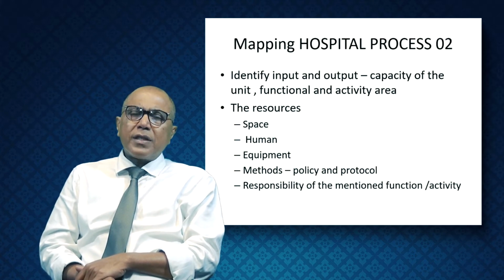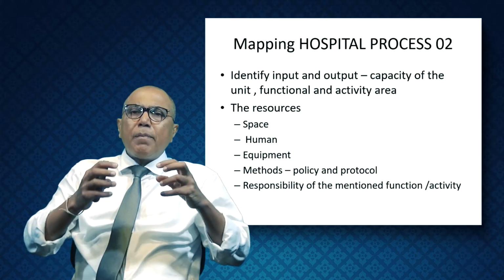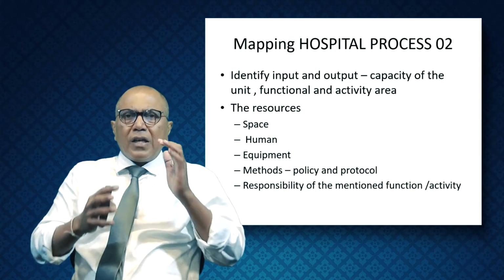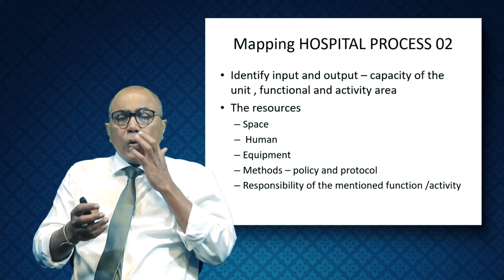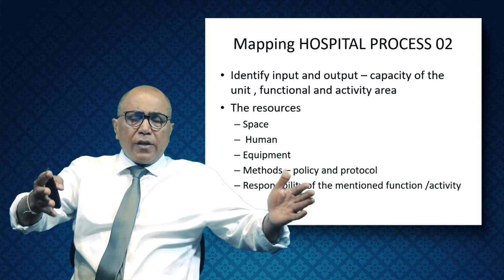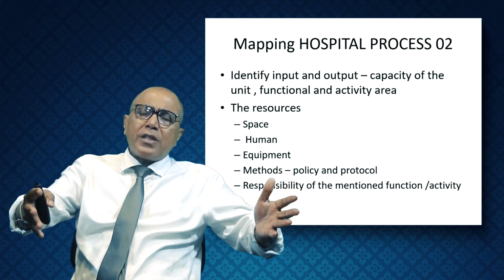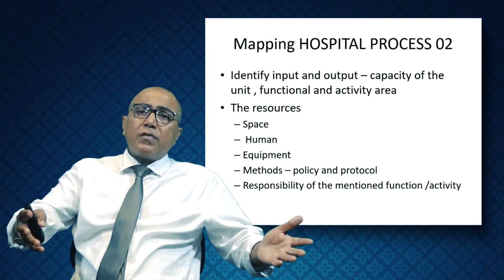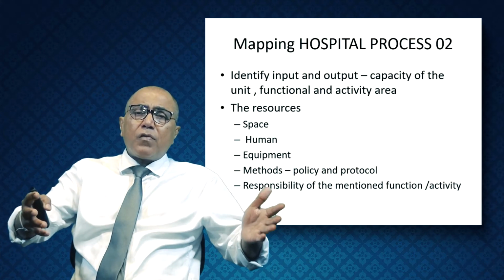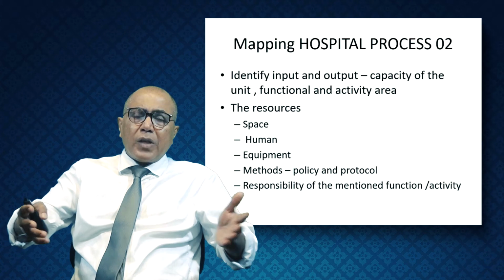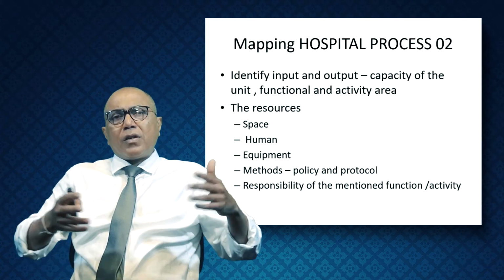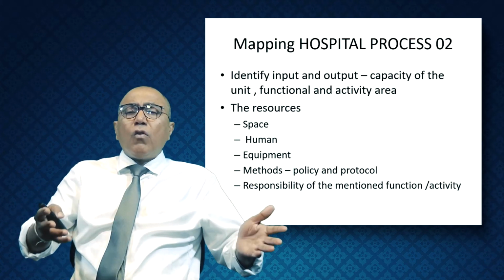Once you identify the processes, for each place you can determine how much space you need. Now you know your patient care process. You get about 400 patients for a session, maybe from 4 to 8, or in a government hospital, 8 to 4.